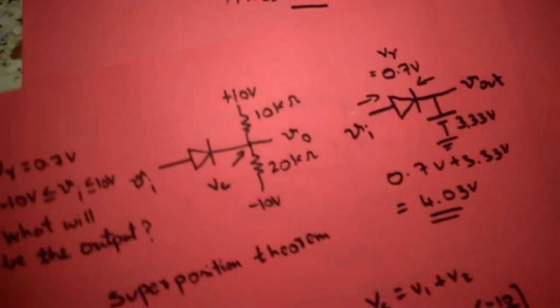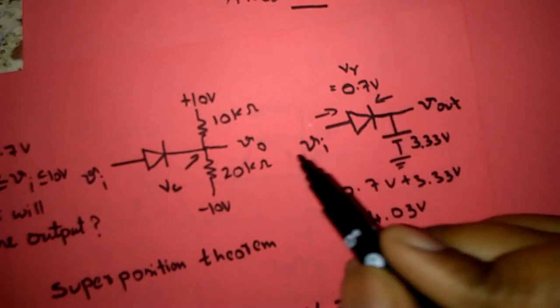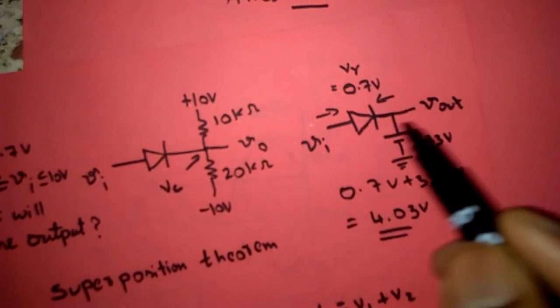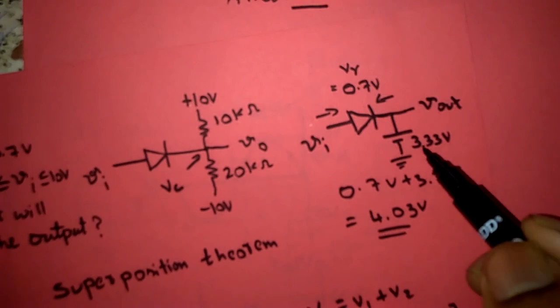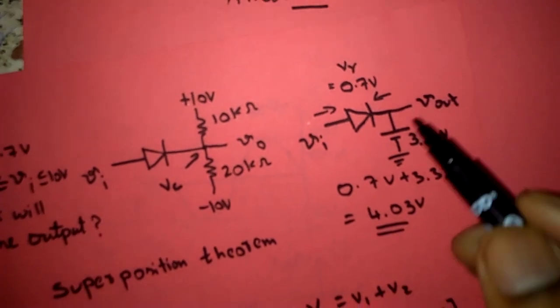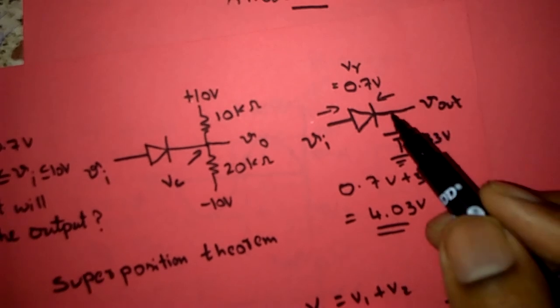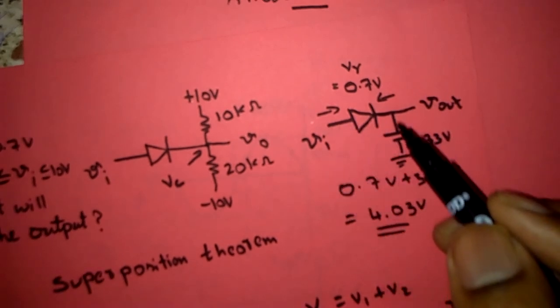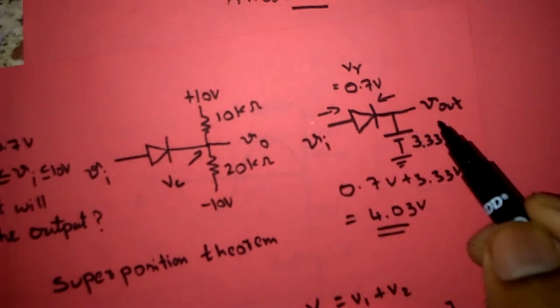When diode is short circuited, what happens? If this path is short circuited, this input voltage will appear at the output. At that time, this 3.33 volts will not affect the output. Why? Because Vi dominates the 3.33 volts and we know that in parallel connection voltages are same. So this Vi will directly appear at V out.